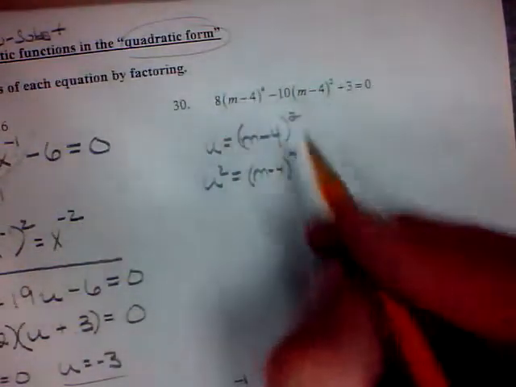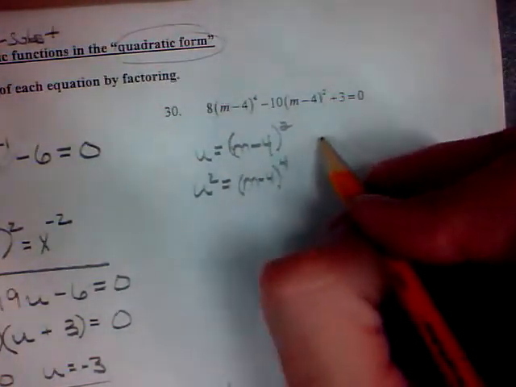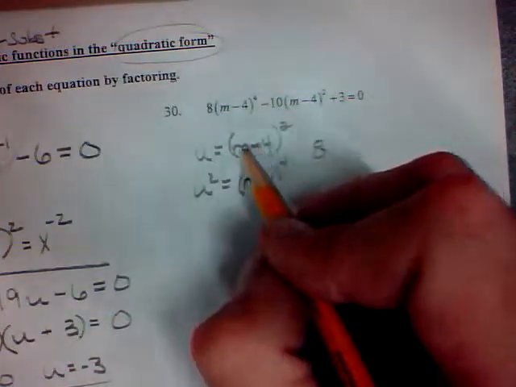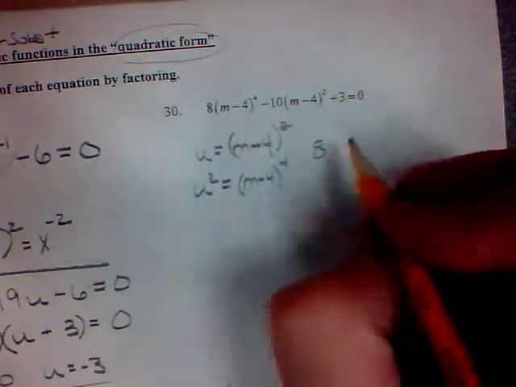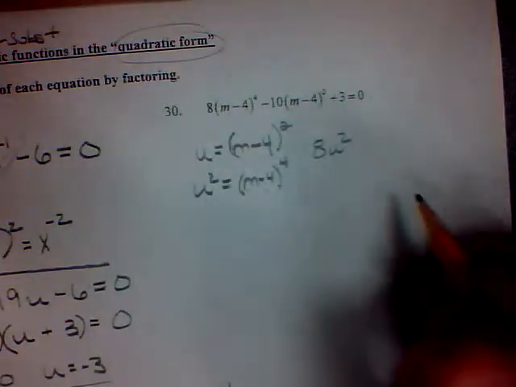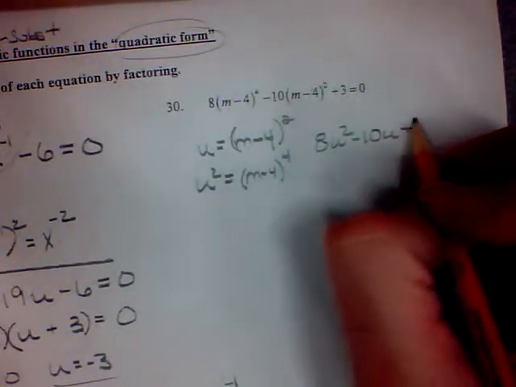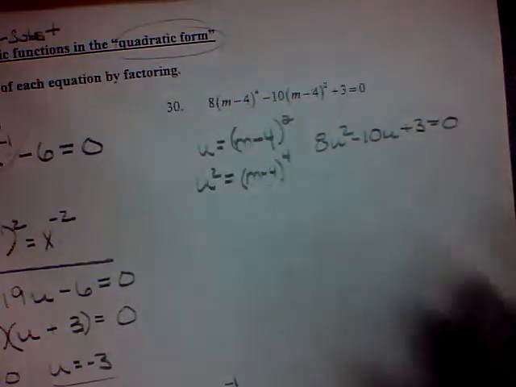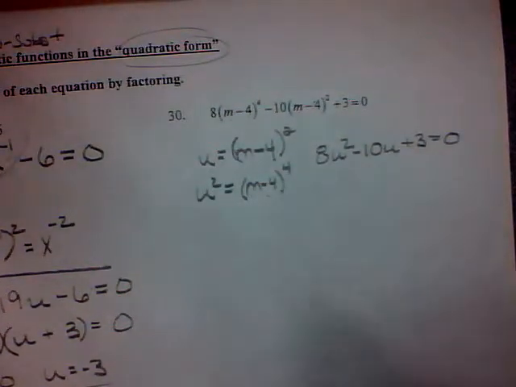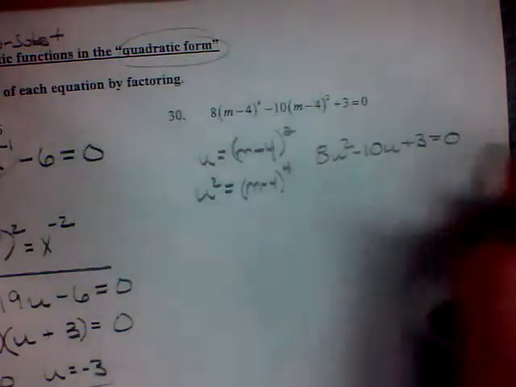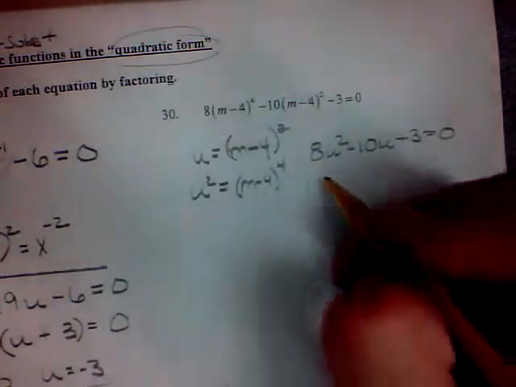So now we can replace these. So this comes out to 8 times u squared minus 10 times u plus 3 equals 0. So again, we have ourselves a quadratic, not the nicest quadratic.